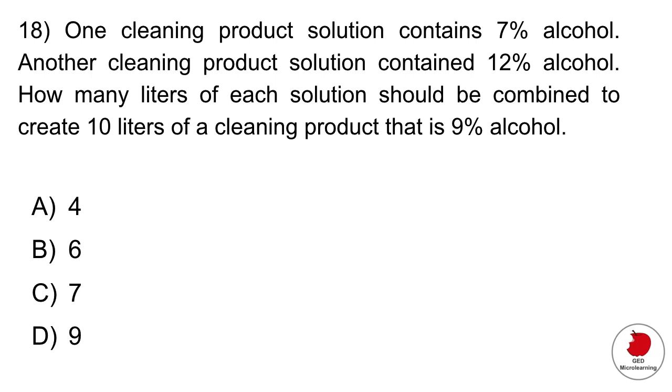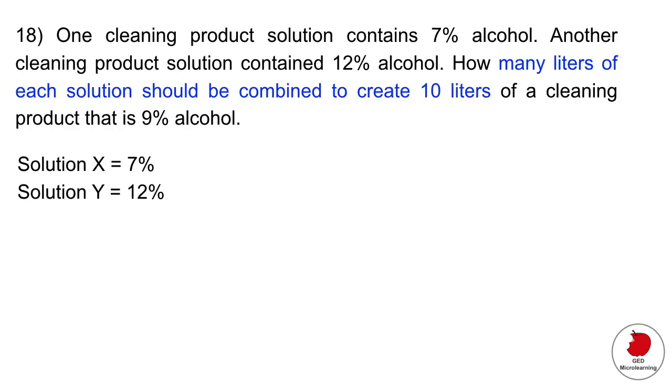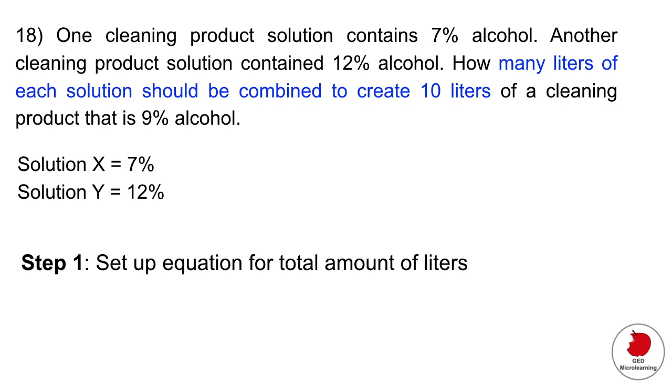All right, so the first thing that we're going to do is take it step by step. You have to set up two equations. First of all, let's name our solution at 7%. We're going to call that one solution X. And the solution at 12% alcohol, we're going to call Y. The first equation that we're going to set up is for the total number of liters of a solution.